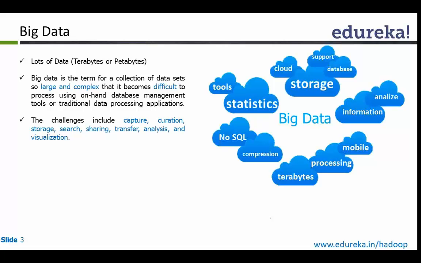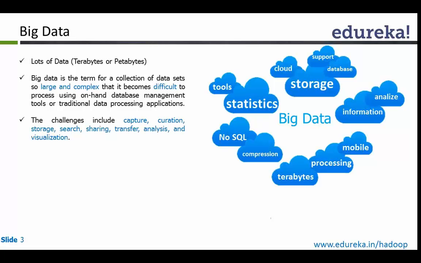And moreover, when you have more complex data structures within those large data sets, it becomes really difficult to handle, manage, and process that kind of complex and huge volume of data using conventional RDBMS technologies and conventional data warehousing platforms. That's when big data technologies or platforms come to the rescue to help with the processing of volume and complex data types or data structures.